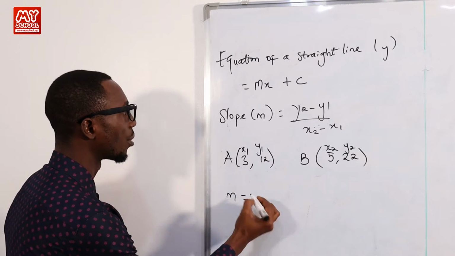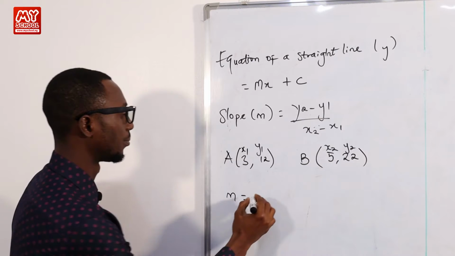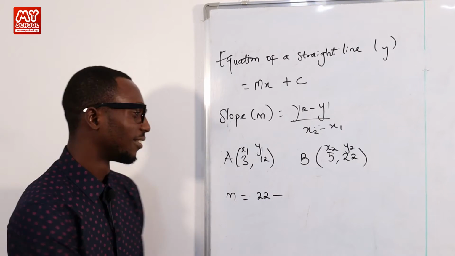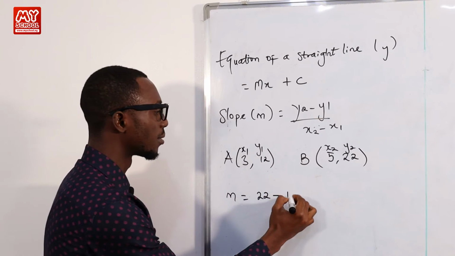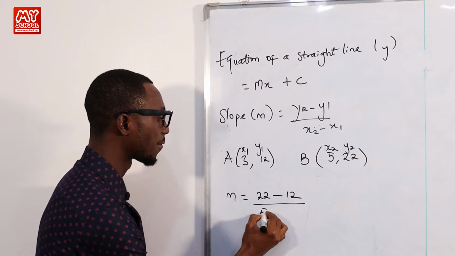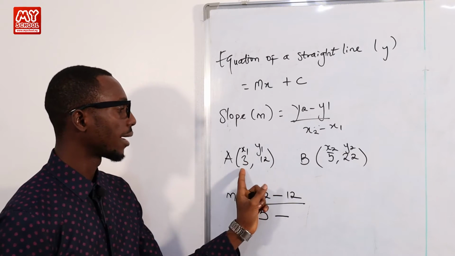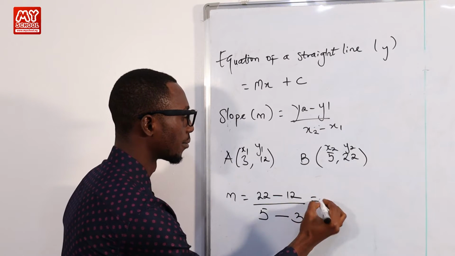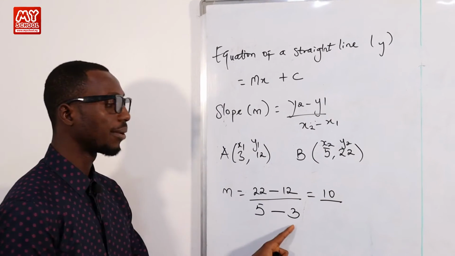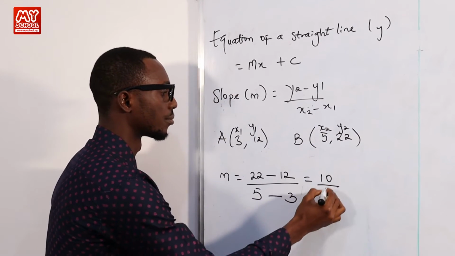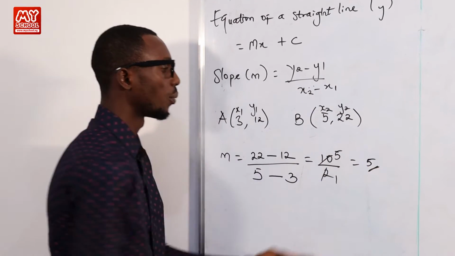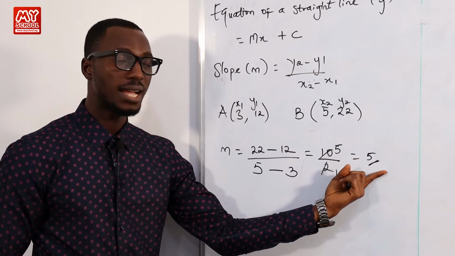So slope m equals y2, that's 22, minus y1, 12, over x2, 5, minus x1, 3. 22 minus 12 is 10, over 5 minus 3 is 2. So we have the value for our slope m as 5.